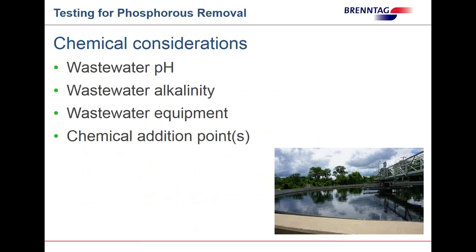So some chemical considerations. Phosphorus removal is more efficient in different pH ranges depending on the metal salt being used. As an example, in a low pH environment, sodium aluminate may be the best option as it will not decrease alkalinity like iron or aluminum sulfate and will actually raise the pH.